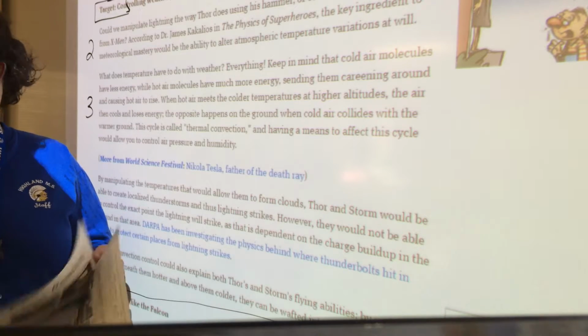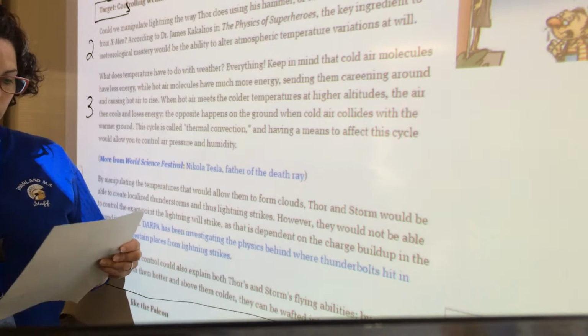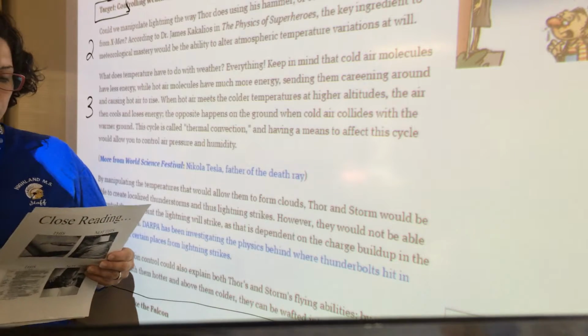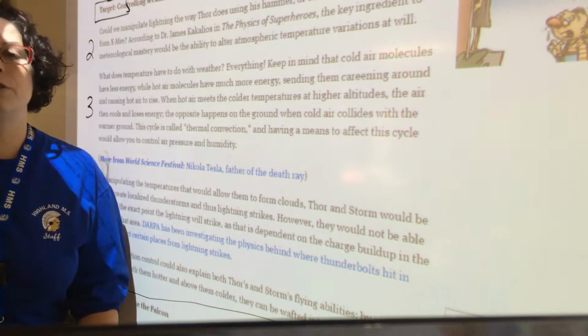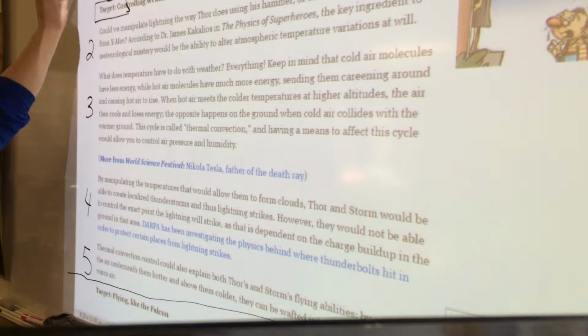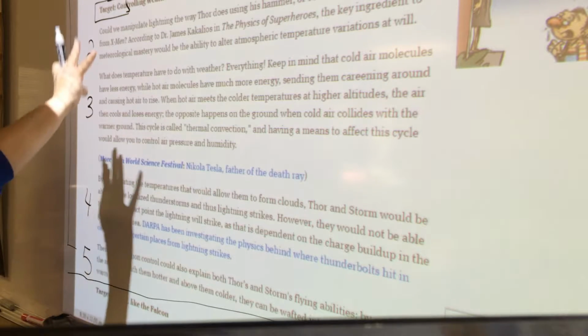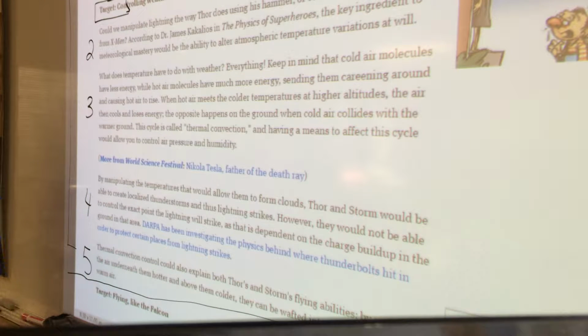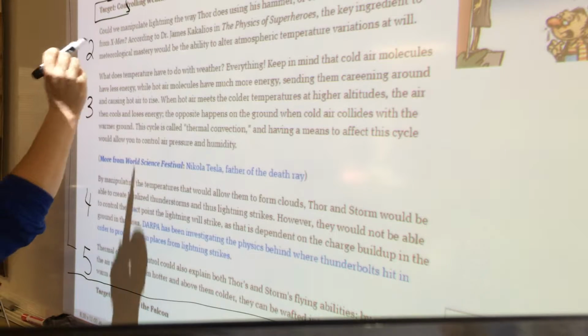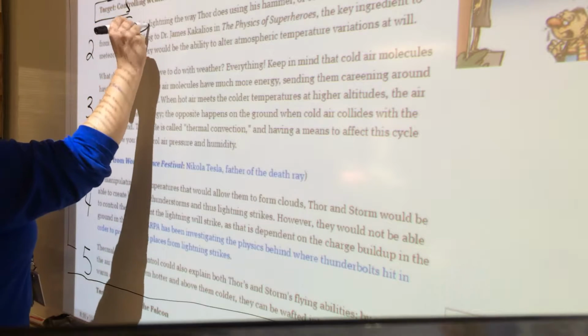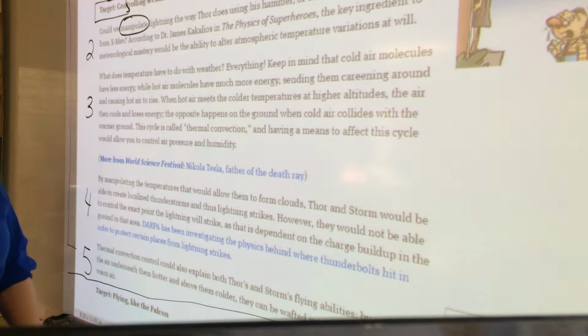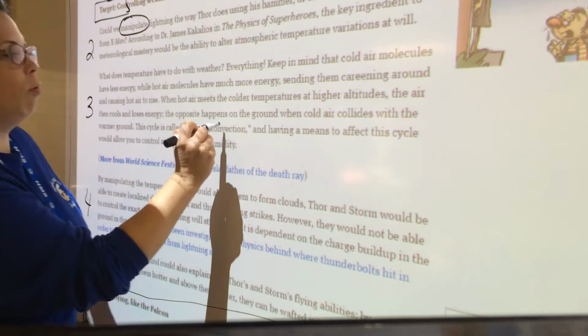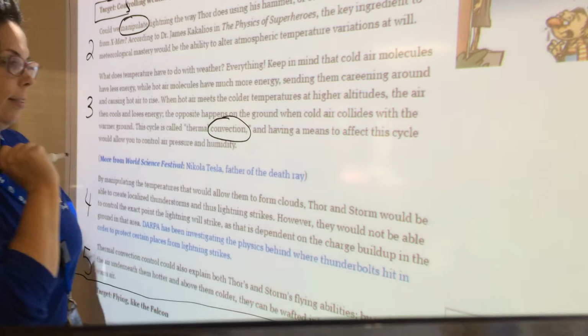After you chunk it, it says to underline and circle. If you look, it says in each chunk, circle or highlight any words that you don't understand. So in this first chunk, which is all of paragraphs 1 through 5, you're going to read through it, and the first time you read through, you are just looking for words you don't get. So let's pretend I don't know what the word manipulate means. I would circle it. Maybe I don't know what thermal convection is.